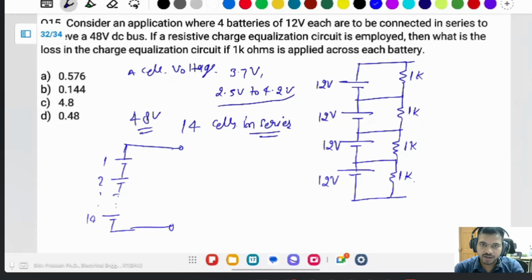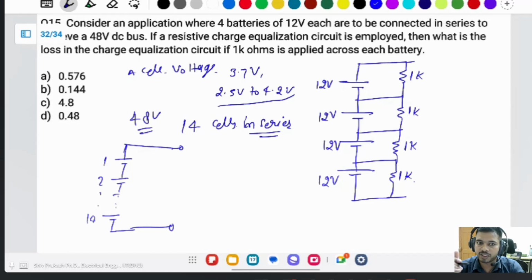Then there is a requirement of cell balancing. You can't charge any cell beyond 4.2 volt, or discharge any cell below 2.5 volt. There is an electronic circuit known as the BMS circuit. It will cut off the load and charger when a cell exceeds this.